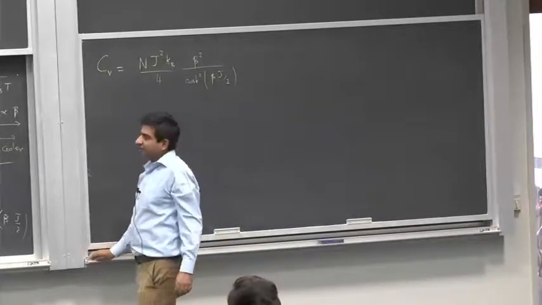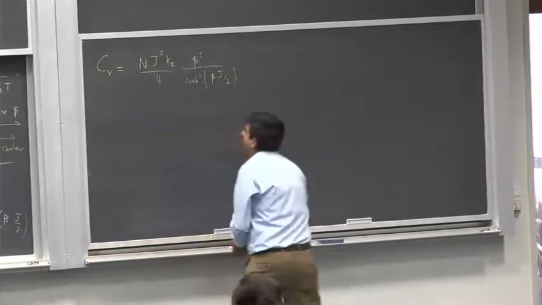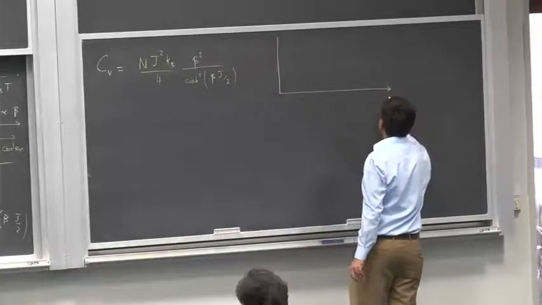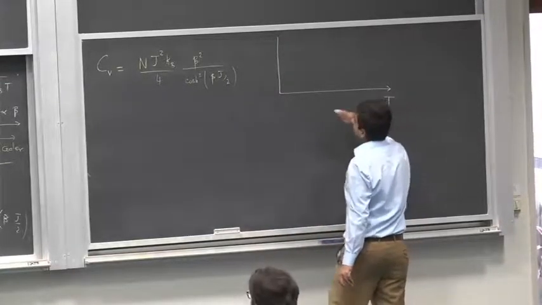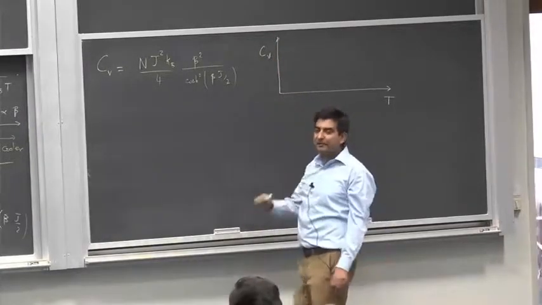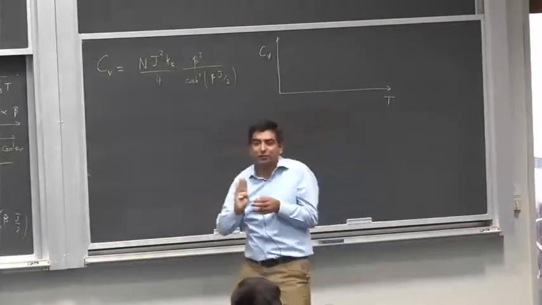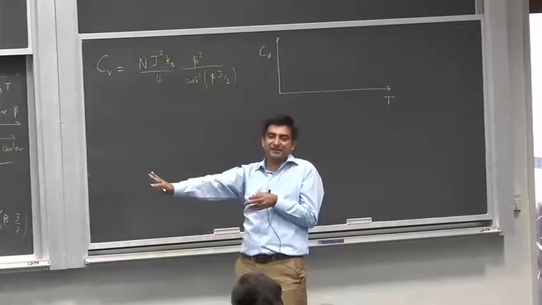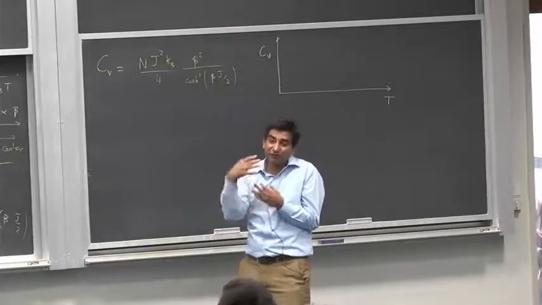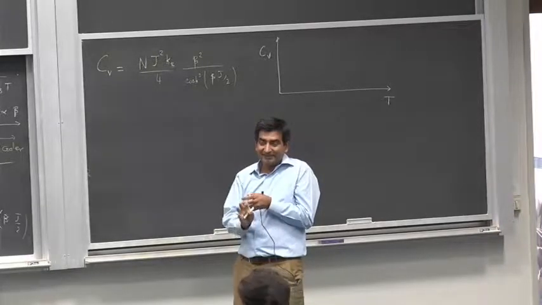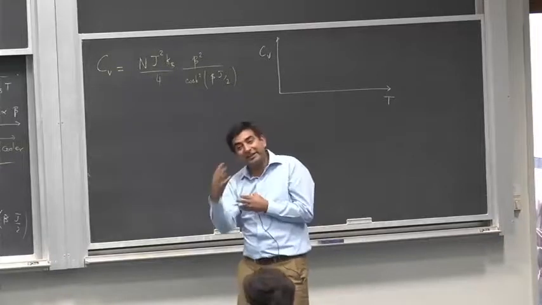I forgot to bring in my computer today, but if you plot this with respect to temperature, you can plot the heat capacity. And remember, we're talking about the heat capacity associated with the spin degree of freedom. It's the magnetic heat capacity. There is going to be heat capacity associated with the phonon structure of the system as well. There is also heat capacity associated with the free electrons in the system.